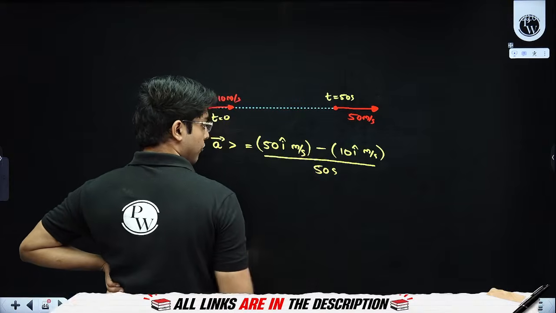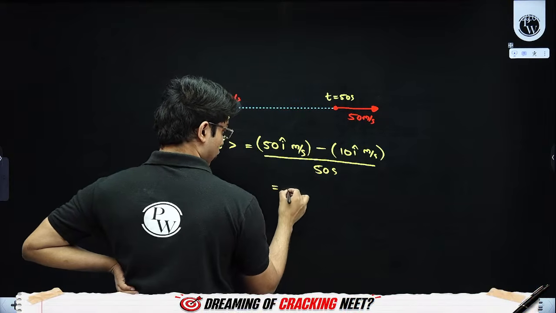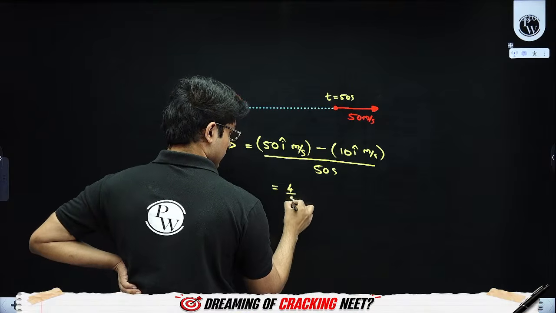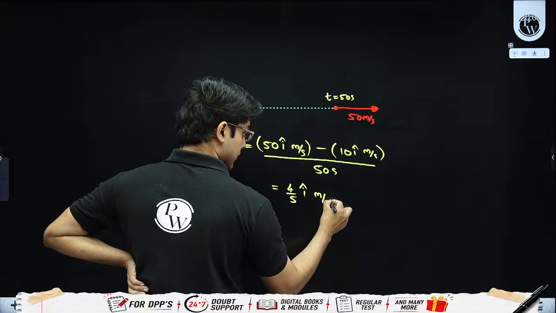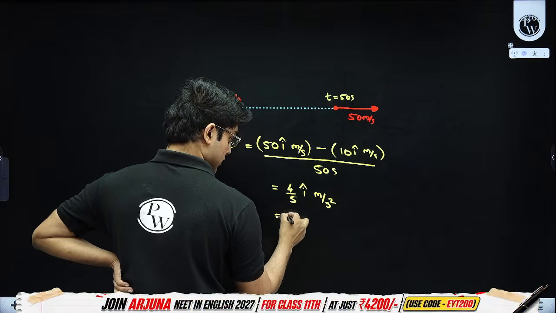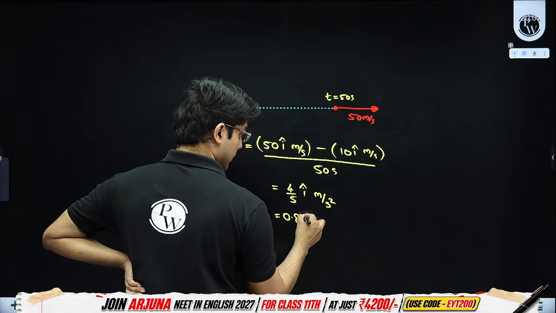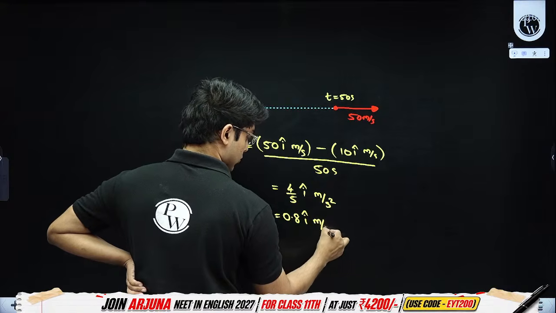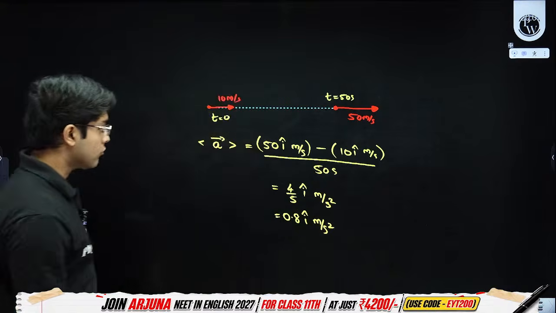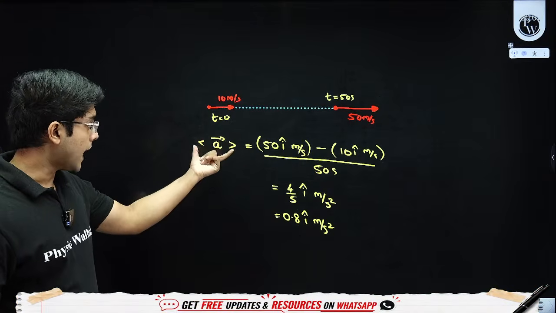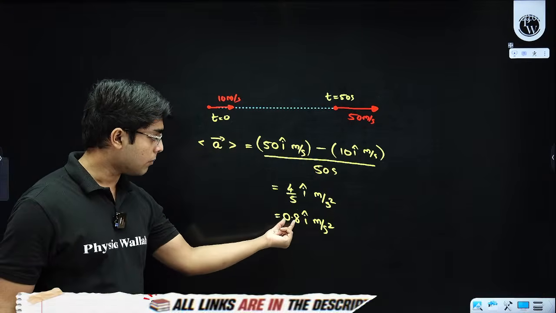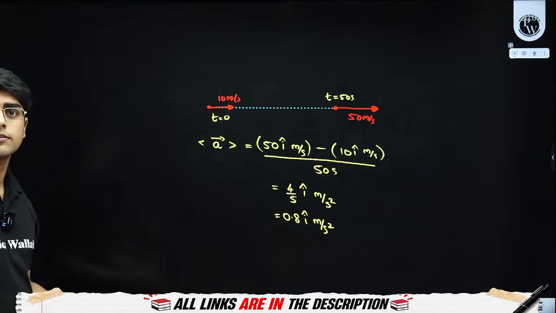So this is going to be 40 by 50, which is 4 by 5 i cap meters per second square, or 0.8 i cap meters per second square. Okay, so this is the average acceleration vector. If you want the magnitude, only take the 0.8.